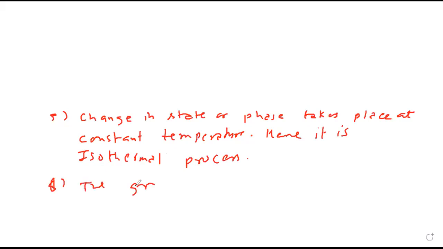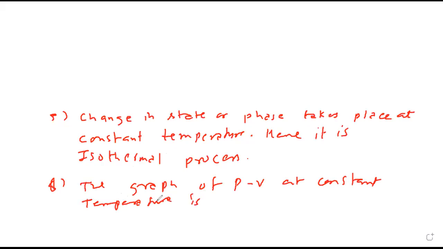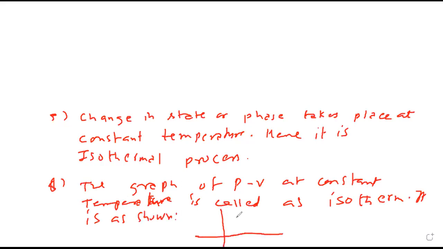The graph of PV at constant temperature is called an isotherm. It is as shown. So the graph of P against V is a rectangular hyperbola called an isotherm.